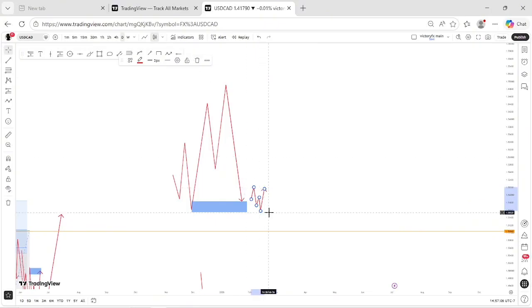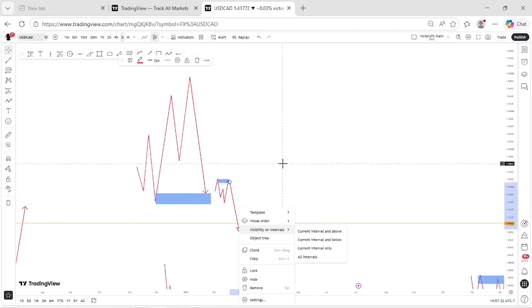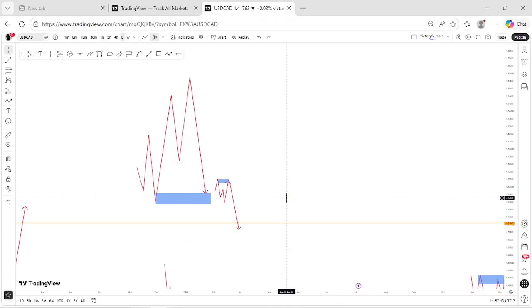Because this structure here that broke is going to be used as inducement for the higher structure to do what? Take out this zone. So what you see is that once price does something like this, price uses this first as inducement for this second to do what? Take out this zone. That's when you see most times your POI fails, because there was a precision order flow approaching your POI that is going to do what? Take it out. Right? It's going to take it out.